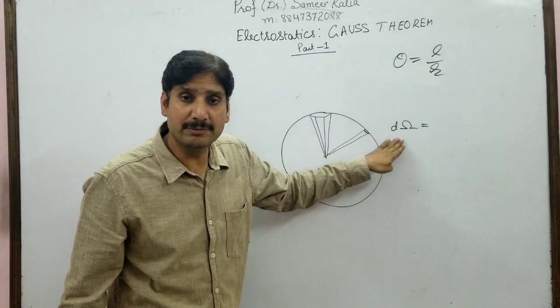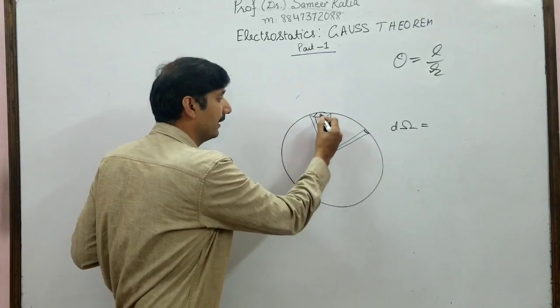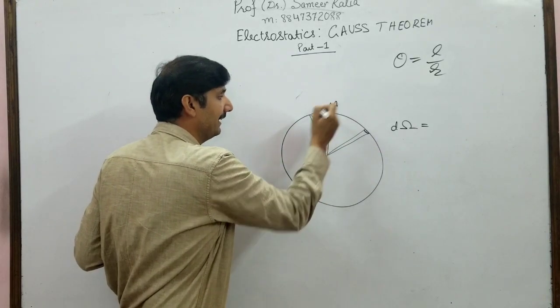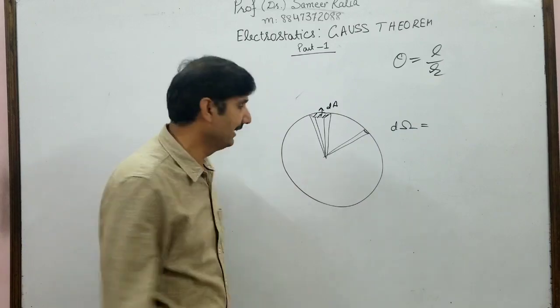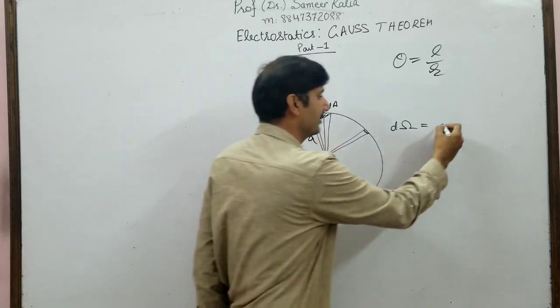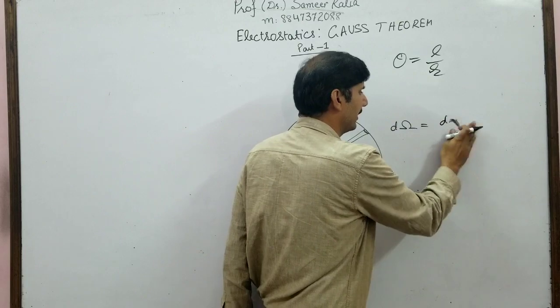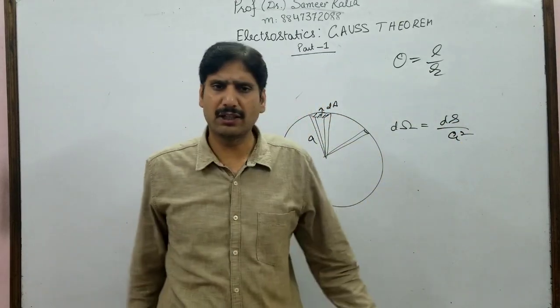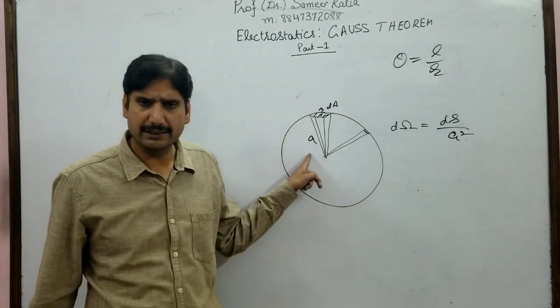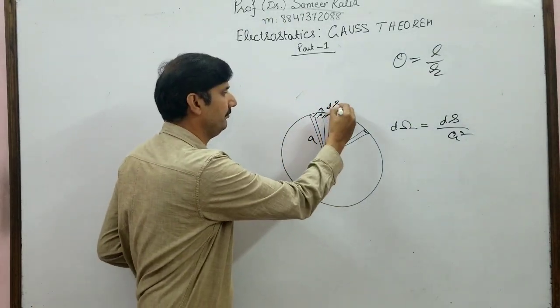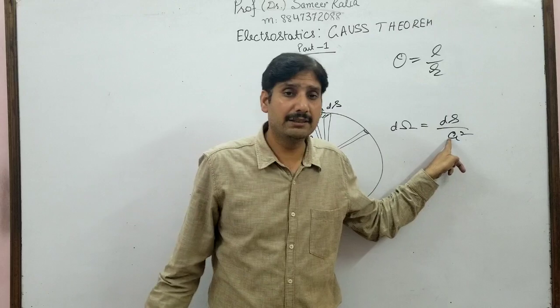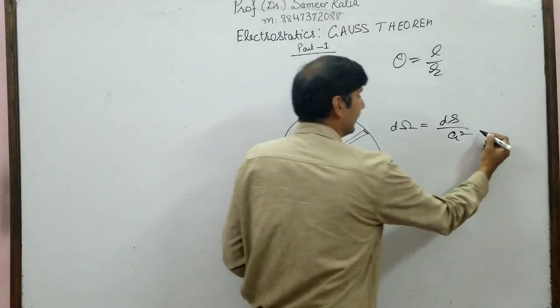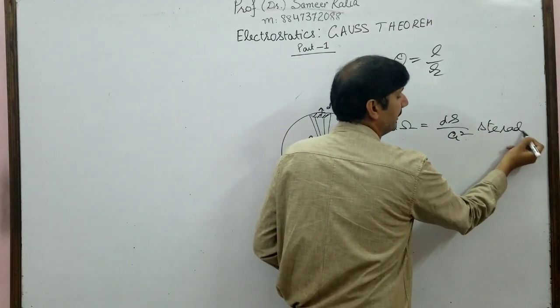Now d omega is this section dA, the surface area dA divided by radius square, or ds by a square. That is what you call solid angle, and you measure it in steradians.